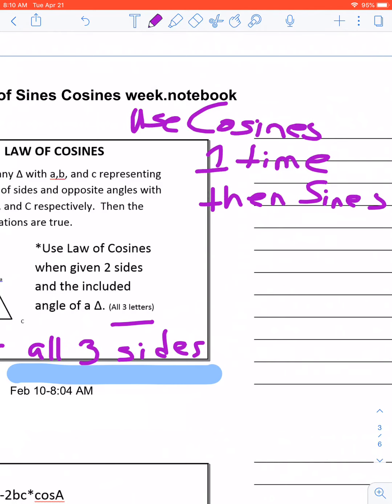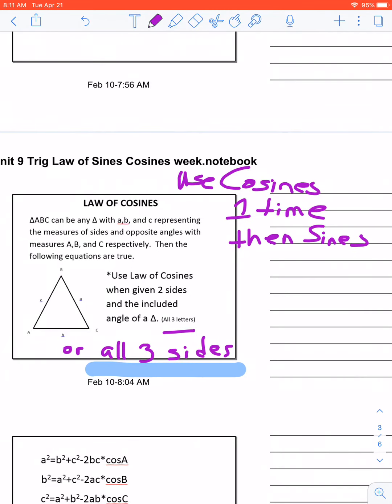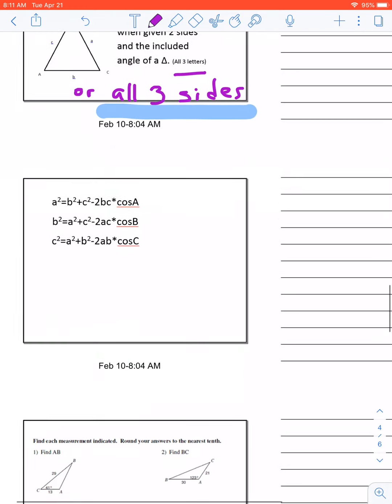You only use law of cosines once to get that angle and side measurement pair. Then you go back to using law of sines. If you don't do that, you can get into this ambiguous case where the second triangle kind of exists. For most of the problems we give you, that's not true, but you can get into this black hole and we don't want you to get in that. So again, law of cosines is only used once. Then you go back to law of sines.